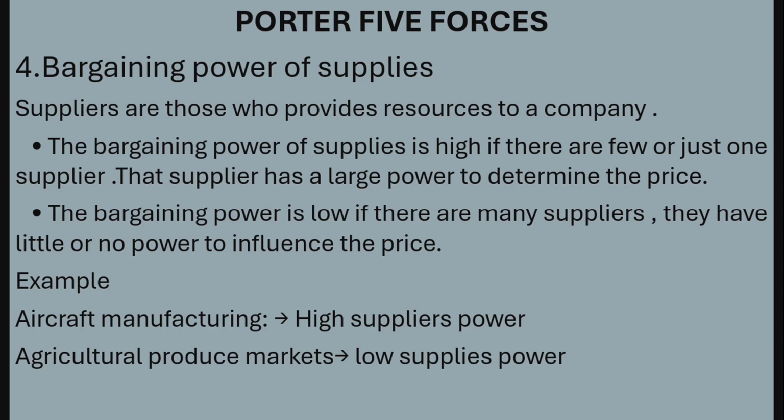For example, aircraft manufacturing has high supplier power, because there are very few suppliers providing resources. In agricultural product markets, there is low supplier power because there are many suppliers in agribusiness that provide resources to industries.